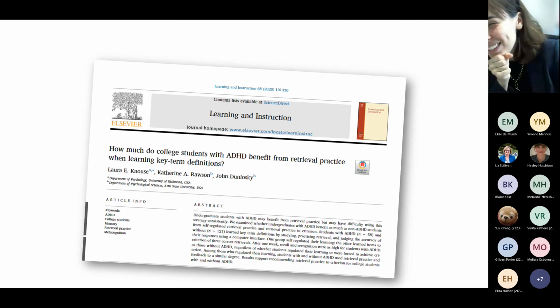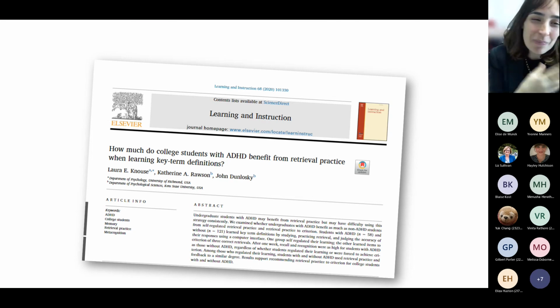That doesn't seem to be the case with this particular group, but of course we're working on averages here. And when they're encouraged to use retrieval, they get just as much benefit from it compared to a group of neurotypical students. So you really can't go wrong using this.